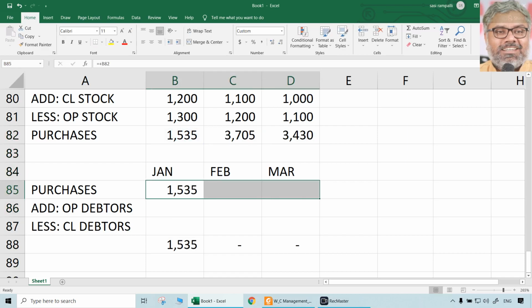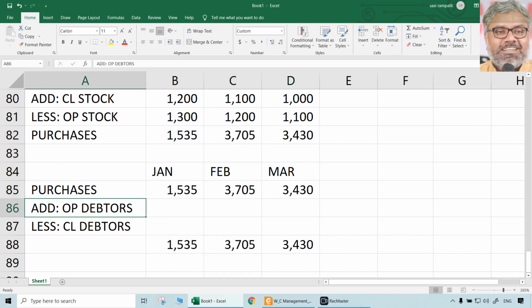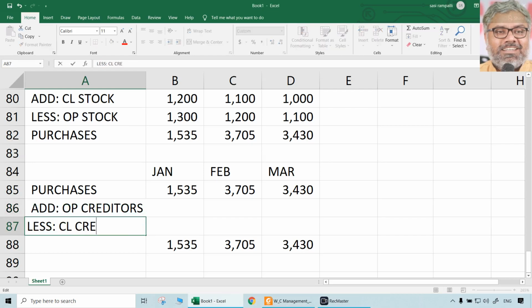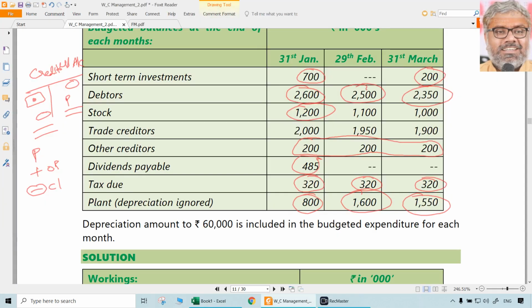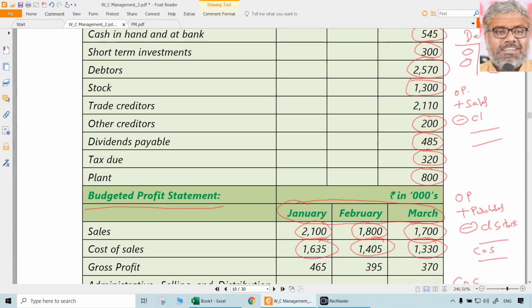1535, 3705, 3430. Add opening creditors and deduct closing creditors. So opening creditors in January is how much? That is given here, 2110. Take that.